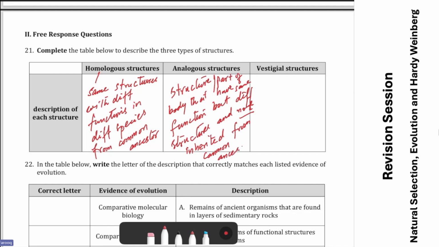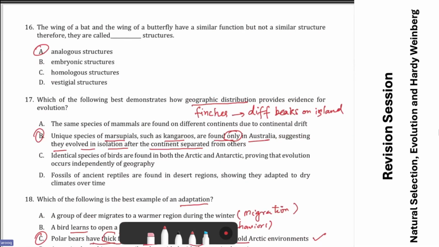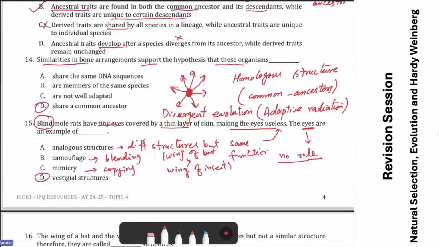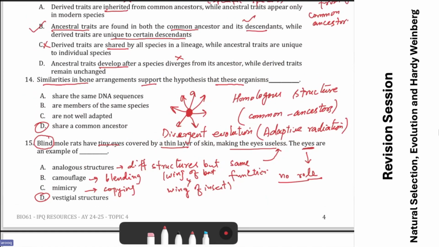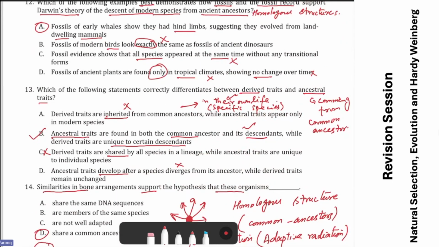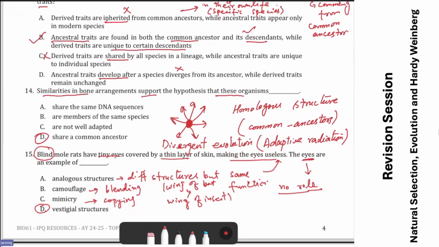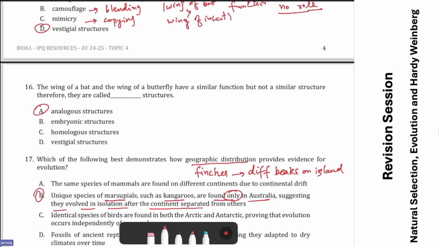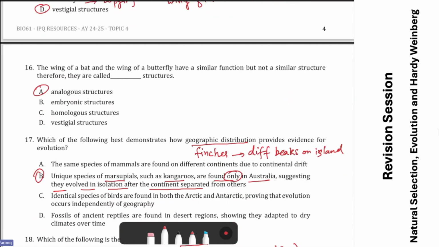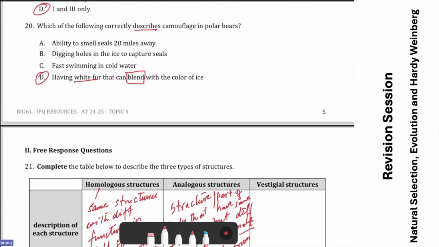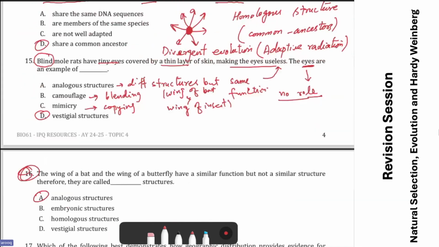Now vestigial structures, we already had an example up over here. Vestigial structure, where was that? Where did I say vestigial structure? Not similar. This is the definition example of analogous. You can have more. Then there was one question we did for the vestigial.